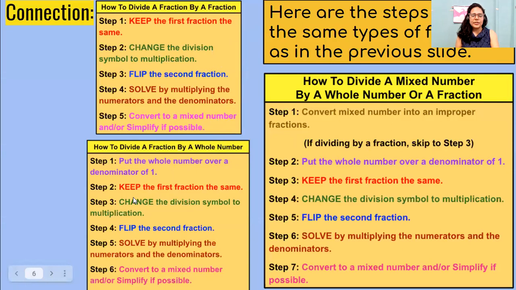Then we have the directions on how to divide a fraction by a whole number. And we put the whole number over the denominator of 1, keep the first fraction the same, change the division symbol to multiplication, flip the second fraction, solve by multiplying the numerator and denominator, and we convert to a mixed number.